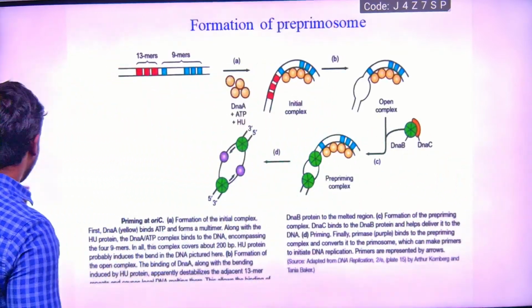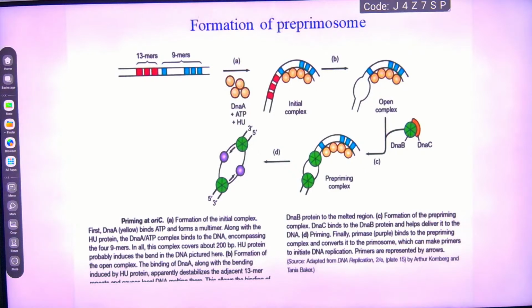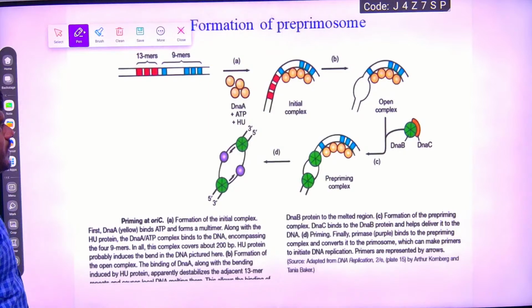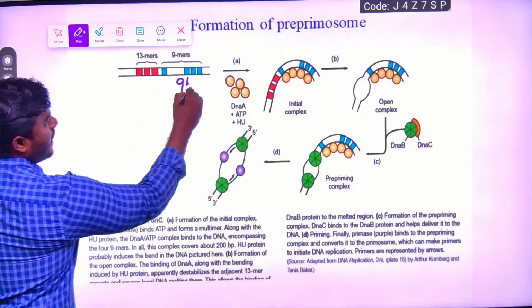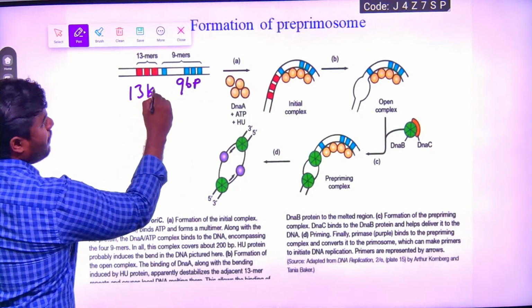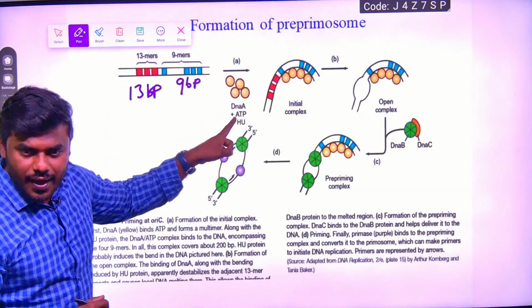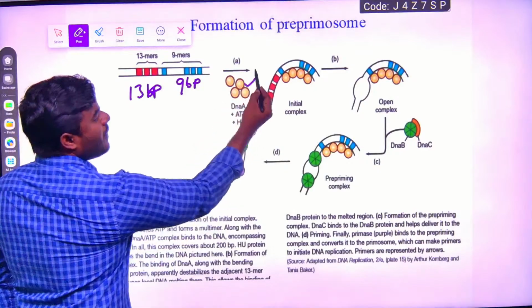Now I am having a small doubt. Now my doubt is, all of you focus on the picture. This is the oriC, 9 base pairs, 13 base pairs. As you all said, who is going to recognize first? DnaA protein. This is called DnaA protein.